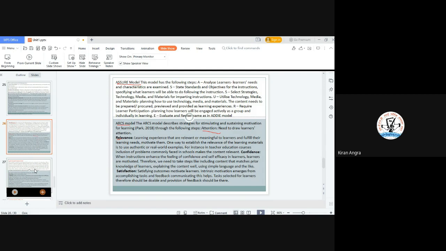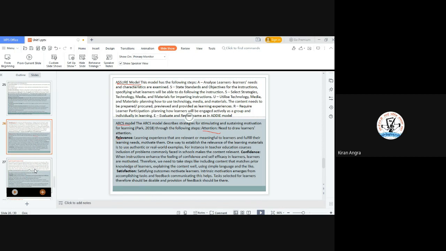Intrinsic motivation emerges from accomplishing the task, and feedback communicating this helps. After seeing their feedback, you should be able to make improvements in the instructional material.